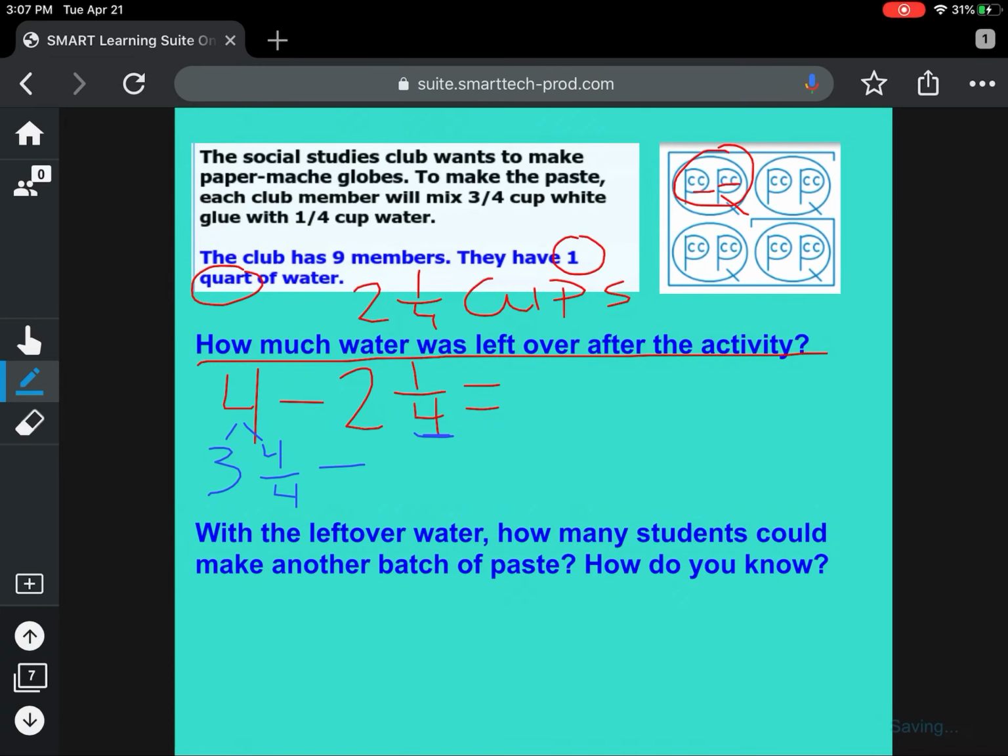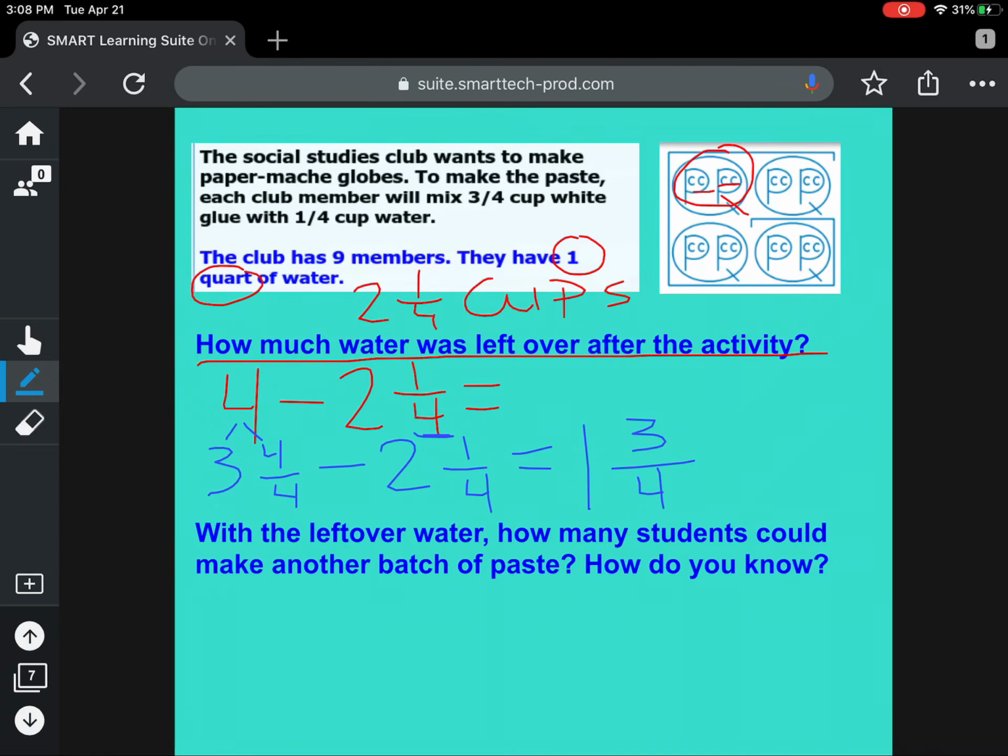Now we can subtract 3 4/4 minus 2 1/4. Now we have 2 mixed numbers, so we can easily do the subtraction. I'll subtract the whole numbers, 3 minus 2, that's 1. Then I'll subtract the fractions. I'll focus on the numerators. 4 minus 1 is 3, and we keep the denominator as 4.